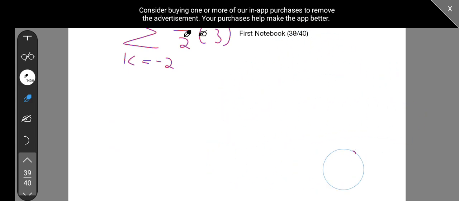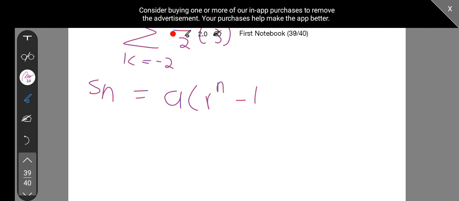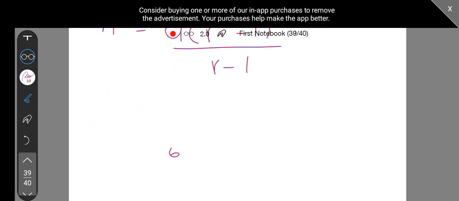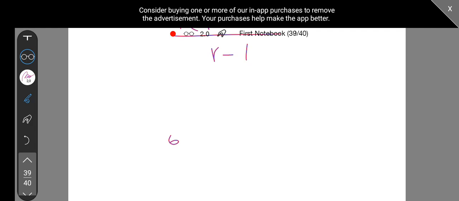So we're going to use the formula for the sum of a geometric series. Sn is equal to a multiplied by r to the power of n, minus 1, divided by r minus 1. The sum is given: Sn is equal to 1640 over 27. So wherever we see Sn, we plug in 1640 over 27.